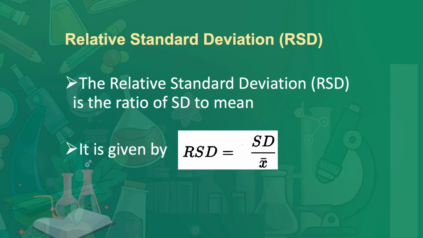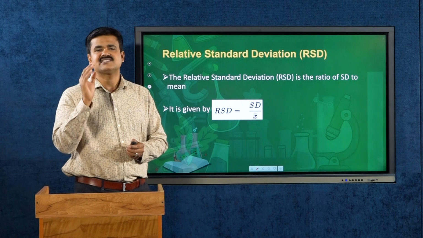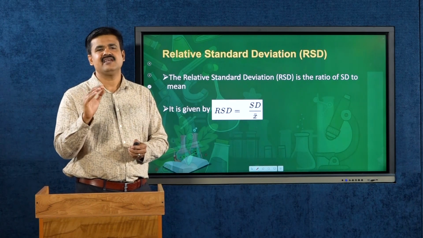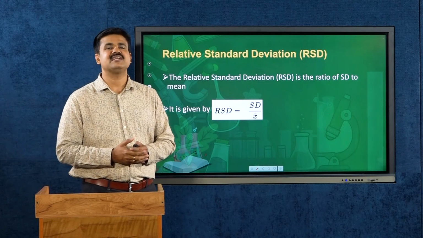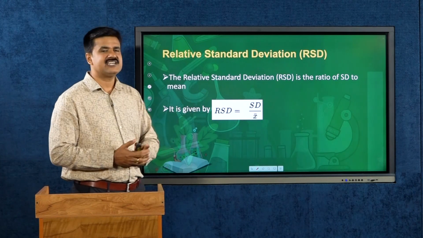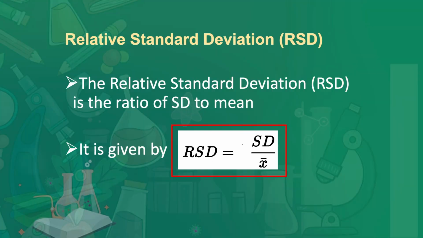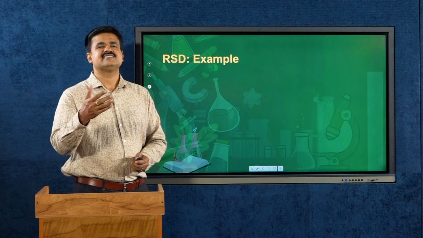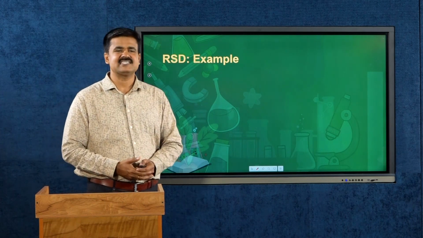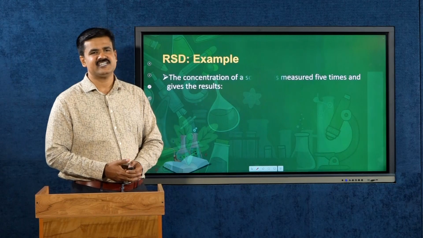That is, RSD can be calculated as standard deviation divided by x bar, or standard deviation divided by the mean of the set of measurements. Simply, RSD equals SD divided by x bar. Now, this is an example to illustrate the concept.